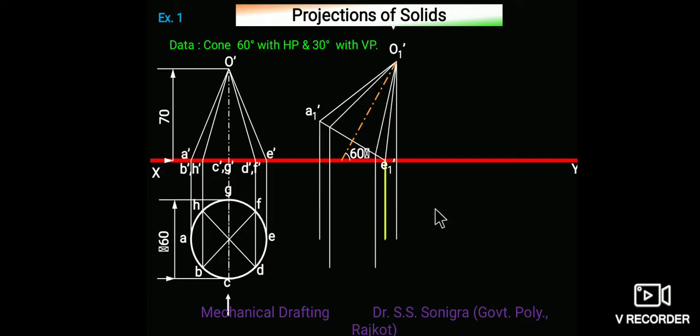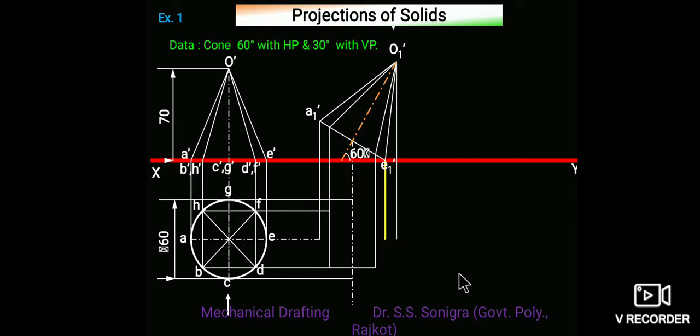From these points, draw vertical lines, and from these points, draw horizontal lines. Find out point of intersection as we discussed earlier and name the points. Join these points with a smooth curve, and that is an elliptical base, and this is apex point O dash. If you are looking from top, this inner portion will not be visible, so this will be a dotted line.